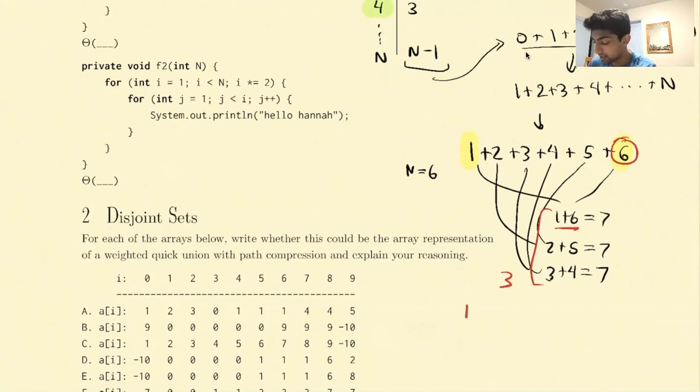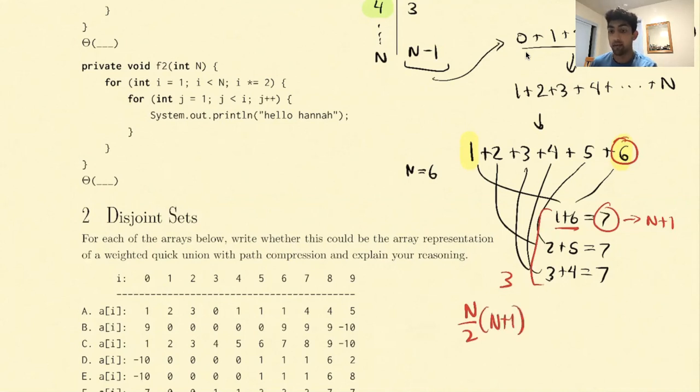So what we can say is that there's n over 2 of these pairs, right? And each pair has value 7 in this example. How did we get 7? Well, that's the same as saying n plus 1, okay? So what we notice is that the total sum of 1 plus 2 plus 3 plus 4 plus 5 plus 6 is equal to n over 2 times n plus 1 in the general case, right?